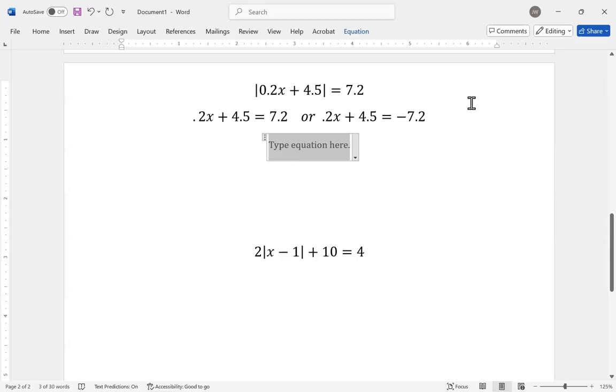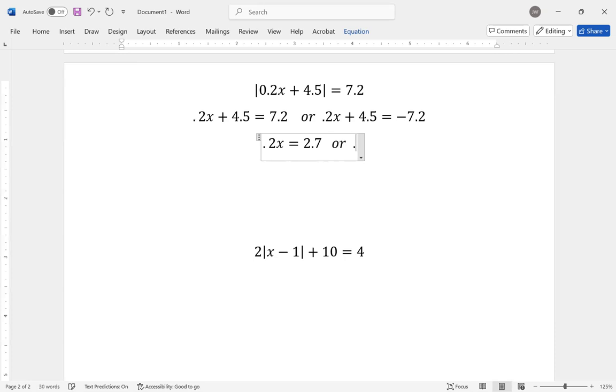When I do that to the first one, I get 2.7. In other words, 0.2x is equal to 2.7. And on the other side, if I take negative 7.2 minus 4.5, I get negative 11.7.